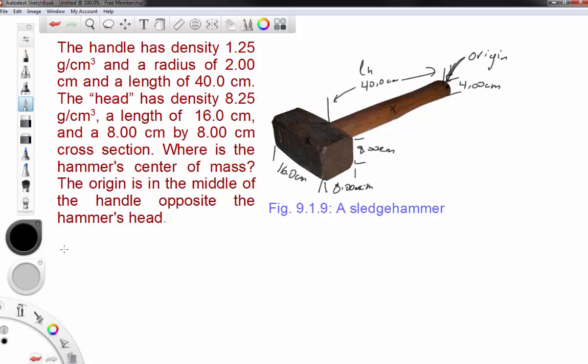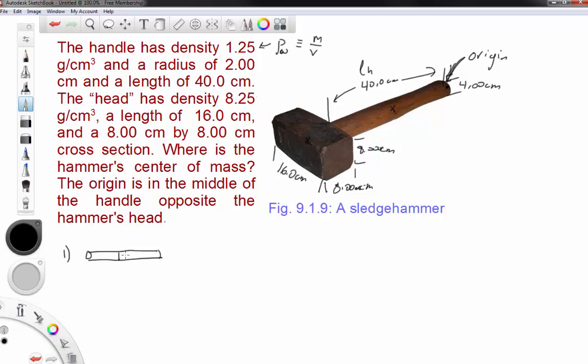Alright, so our first step is going to be to find the center of mass for this handle. Now, what we've been given here for this handle is rho for wood, the density, which is mass per unit volume for the handle. And in order to find this one, we might start by drawing ourselves a diagram that looks something like this. So here is the handle.